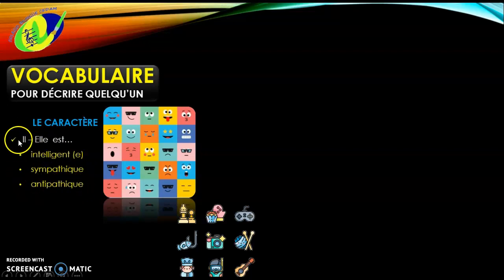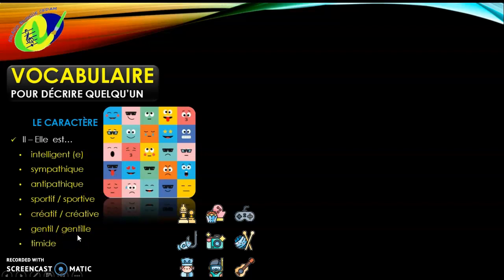Il est antipathique, elle est antipathique. Il est sportif, elle est sportive. Il est créatif, elle est créative. Il est gentil, elle est gentille. Il est timide, ou elle est timide, the same for both. Il est généreux, elle est généreuse. Il est drôle, elle est drôle, the same for masculine and feminine, and that means funny.